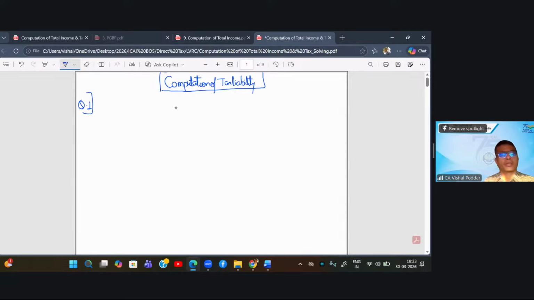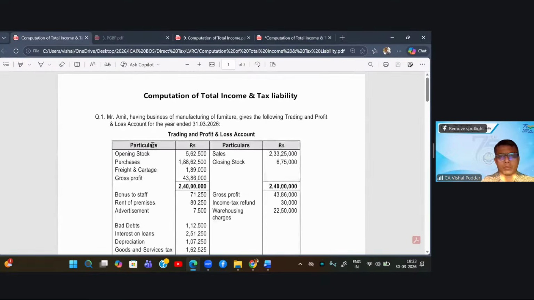Now see, your main answer, or the first part of your answer, should be the main computation. So you should write the assessee's name. Who is the assessee?